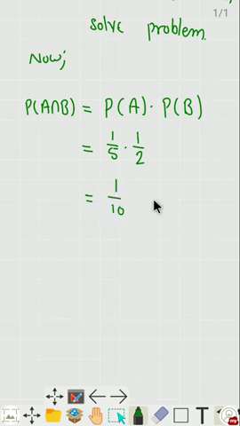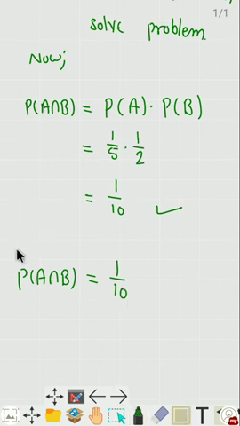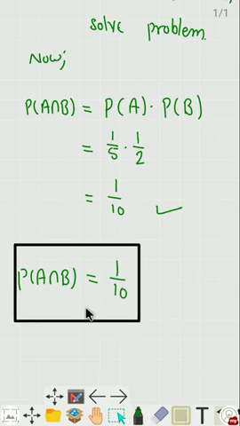So the probability that both can solve the problem is 1/10. This is the problem based on the multiplication theorem.